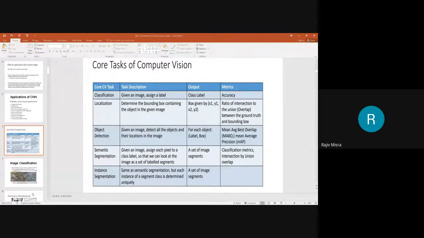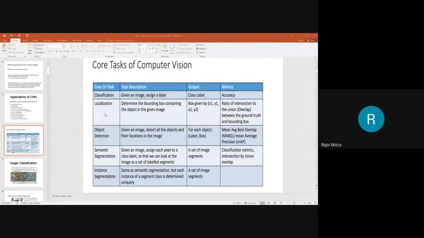Out of this, the part which we are going to cover today is classification. In classification, you are given an image, and the task of the classifier is to assign a class label, that means what this image is about, and this task is called classification.